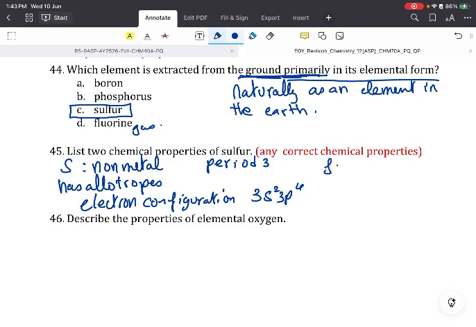It forms a -2 oxidation state, but it can have other oxidation states. That's not the only one.